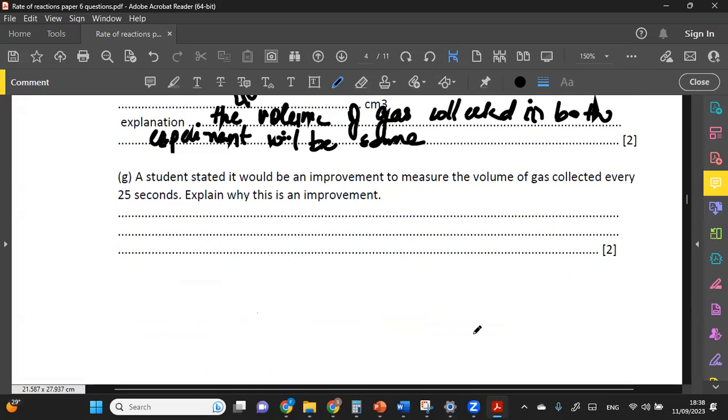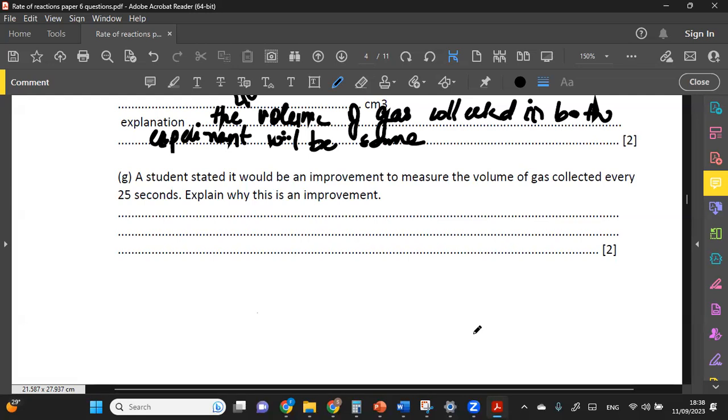How will this improve our experiment? I feel like it's based on the time, since in the experiment it's measuring every 50 seconds, which is kind of a long time, while the person suggested 25 seconds. It's a bit faster than 50 seconds.